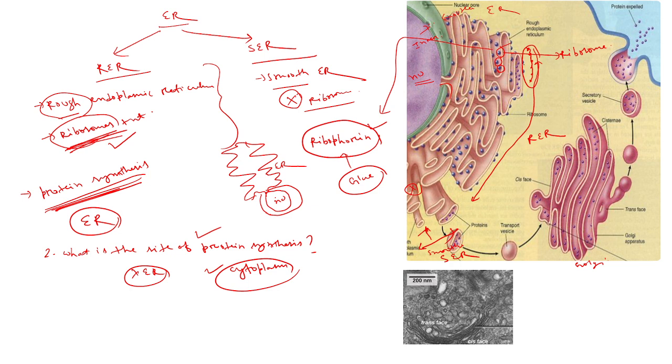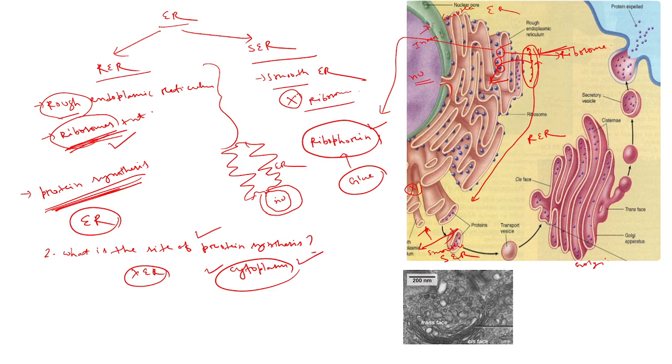Once the protein is synthesized in the cytosol, it enters inside the rough endoplasmic reticulum. But first it is synthesized in the cytoplasm. Please remember this. If in the NEET exam it is asked what is the site of protein synthesis, the answer will be cytoplasm.